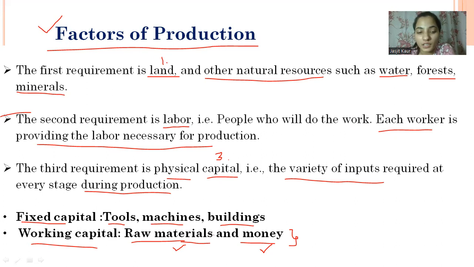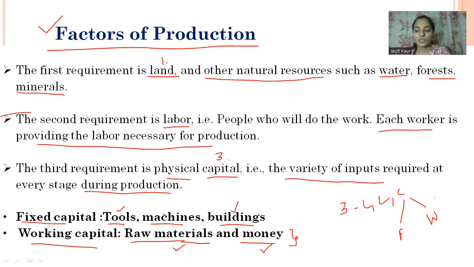If we talk about the factors of production, we have a total of three factors: land, labor, and capital. And capital is further divided into fixed and working capital.